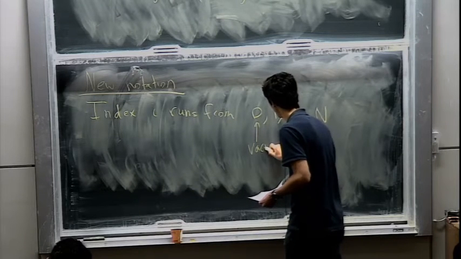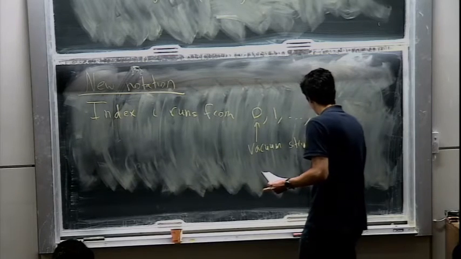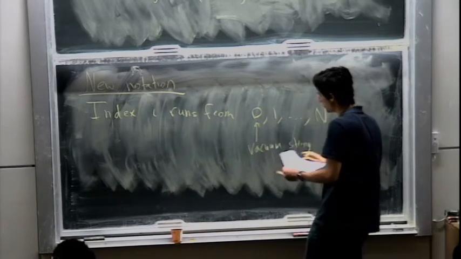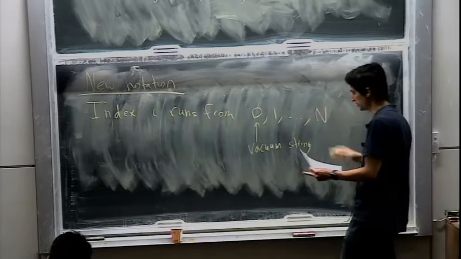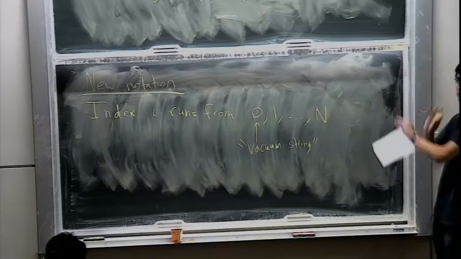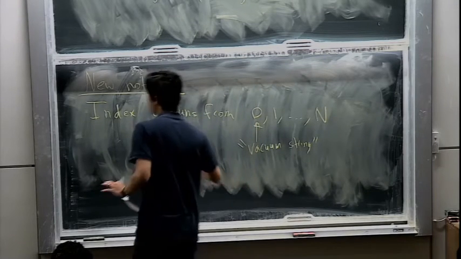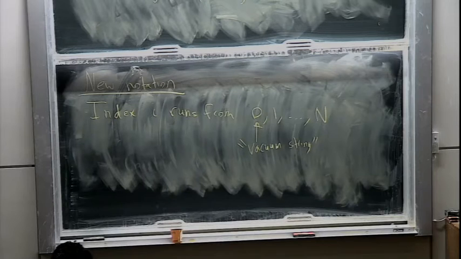In terms of the spin language, it's a spin in state 0, and usually we don't even draw a string. You can either say there's no string there, or you could say there's a type 0 string there. But in these equations, these indices can go from 0 to n, not just 1 to n.